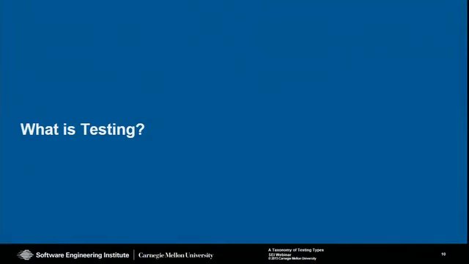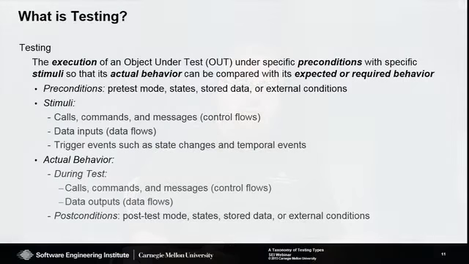So moving along here, what do I mean when I say testing? Because a lot of people equate testing with QA, and there are actually multiple ways of doing QA: verification, validation. So for the purposes of today, you're going to take an object under test, and you're going to execute that object.